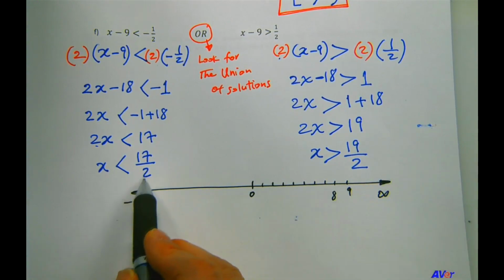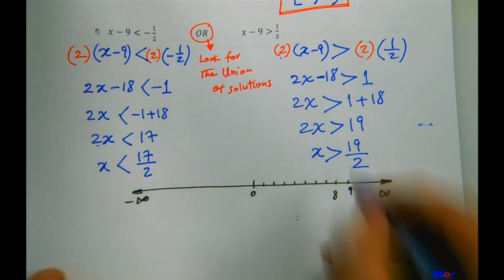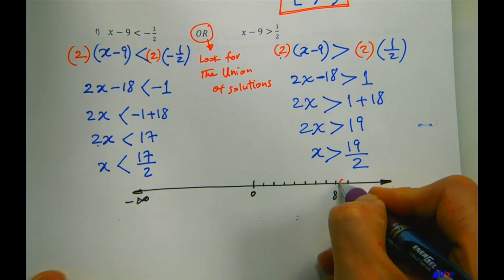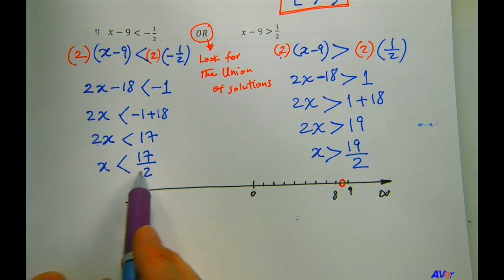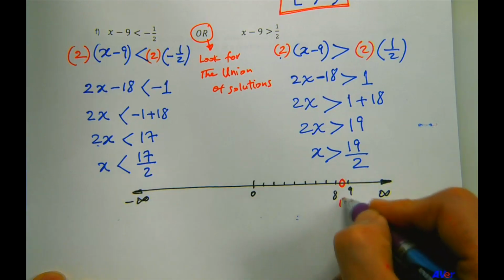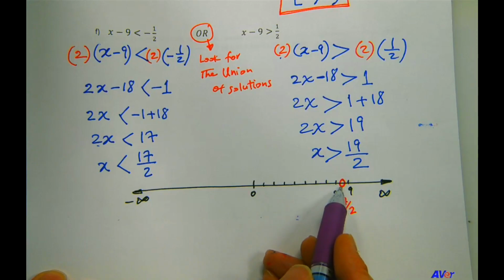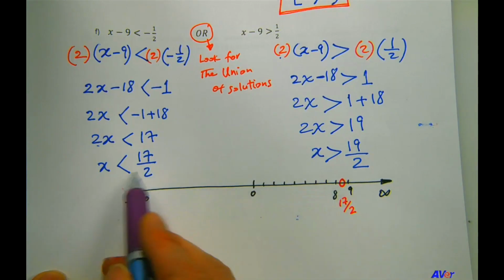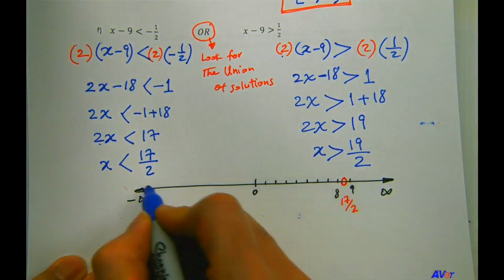So 17 over 2, that's 8.5. Let me put a hollow circle there. And this is saying anything less than 17 over 2. So the solution cannot include 17 over 2. Anything less than that. So it'll be all of this.